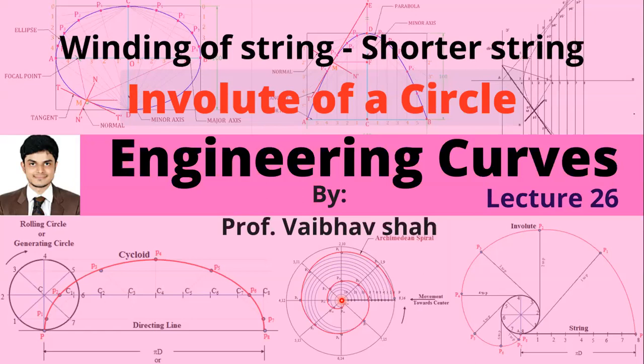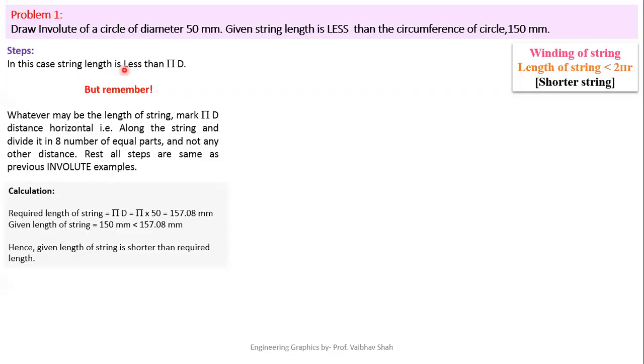Let us start with one of the examples. Problem 1. Draw involute of a circle of diameter 50 mm. Given string length is less than the circumference of circle, which is 150 mm. So here in this case we have to draw involute of a circle for the diameter of 50 mm.